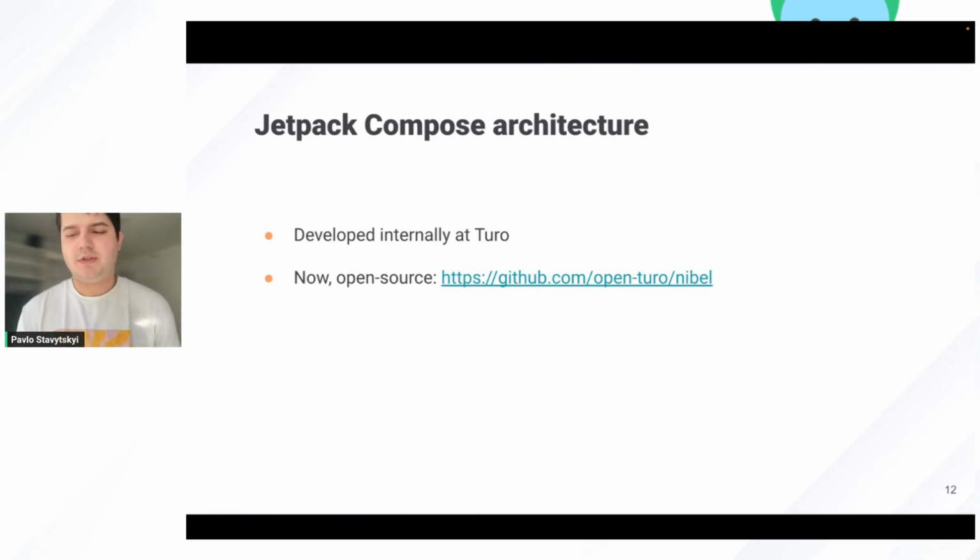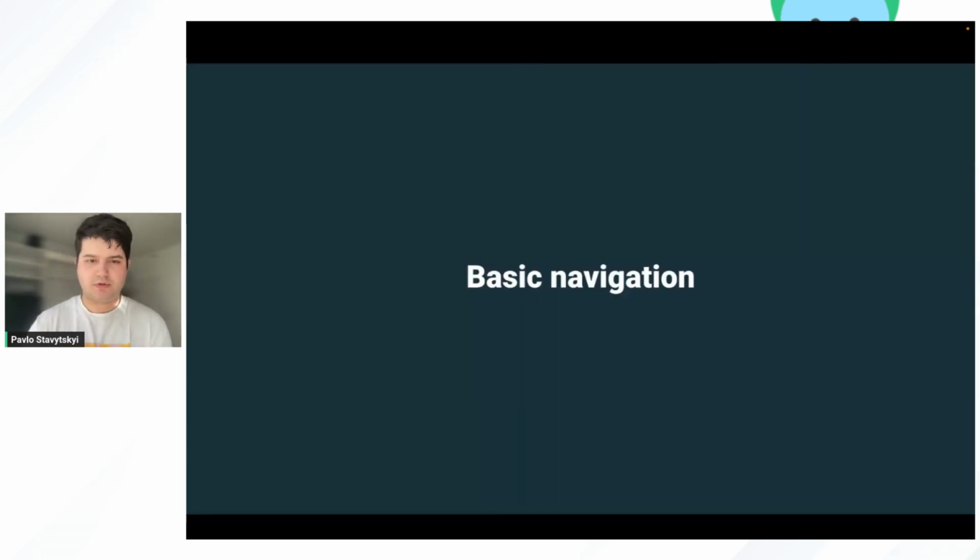Basically, it handles all the stuff that we're going to cover in this talk, and in particular in this talk I want to cover what is our experience at Turo of working with these use cases, and what experience you can have if you try this library and integrate it in your project.